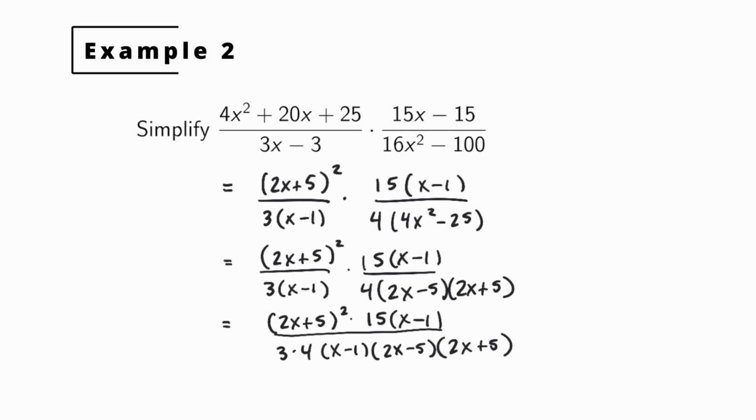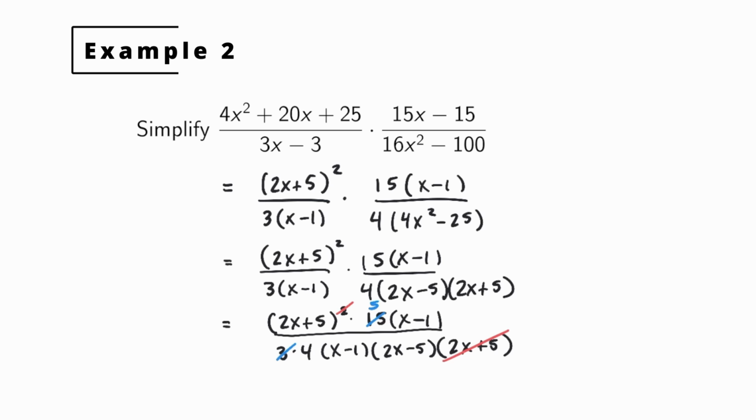Now, canceling out common factors, we have a 2x plus 5 squared in the numerator and a 2x plus 5 in the denominator, so we can cancel out 1 power of that in the numerator, and we cancel out the 2x plus 5 entirely in the denominator. We also have a 15 in the numerator and a 3 in the denominator, so we can cancel out the factor of 3 there. This will leave us with a 5 in the numerator.